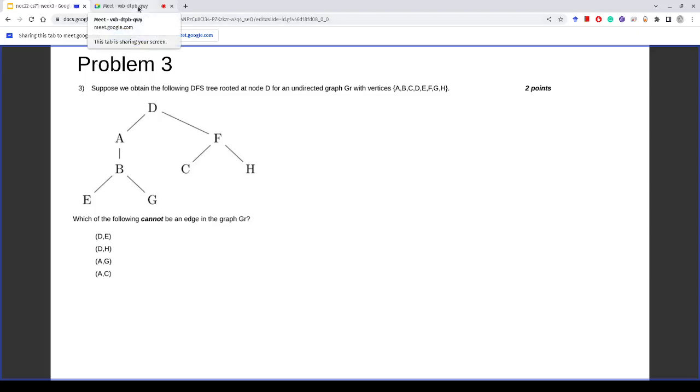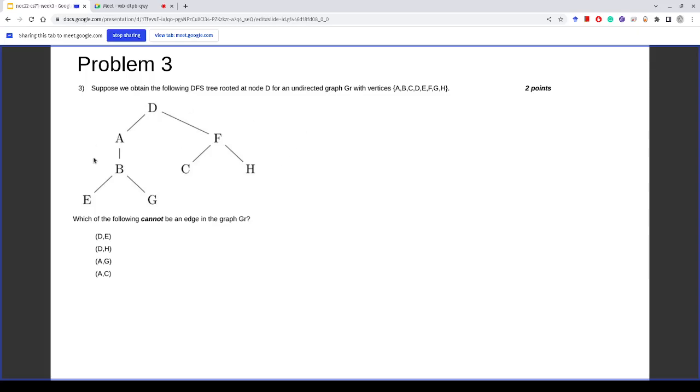DFS is depth first search: you look at a graph and visit each node in order of their depth, and in the order you visit them, you can make a DFS tree. In this question, D is visited first, then A, then B and E, then G, then F, C and H.